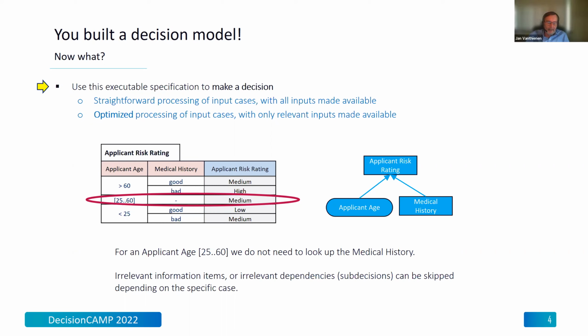You can, there are multiple levels there. Here it's in a rule, or in one of the rows of my decision table. So the medical history is irrelevant in case the applicant age is between 25 and 60. It doesn't mean that it's irrelevant in other cases. This, of course, is under the assumption that I start with applicant age.